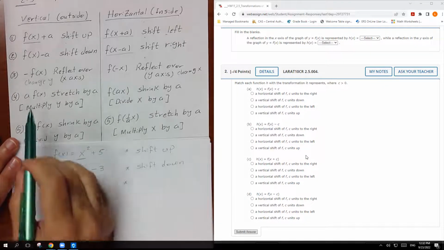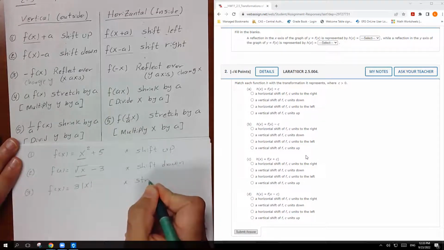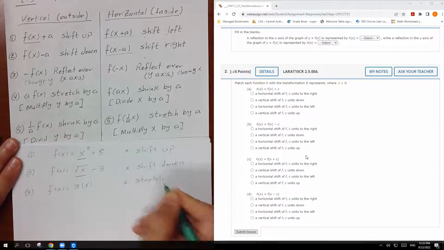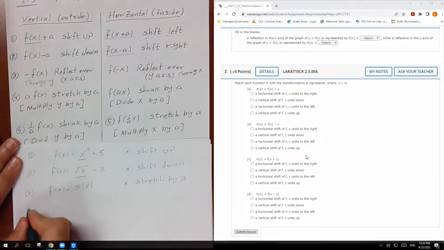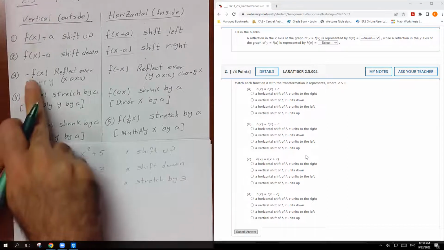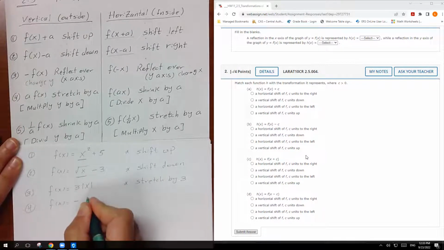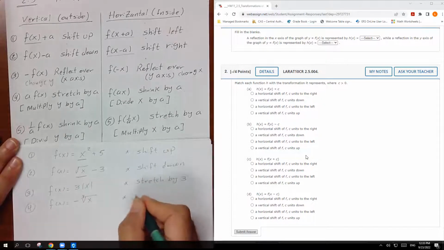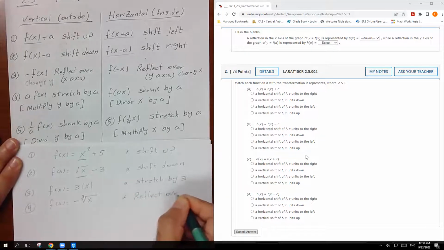So this is like number 4. It's going to be stretched by a, which is number 3. Now, if you have a negative sign, like negative cubic root of x, that means it's going to be reflect over x-axis.